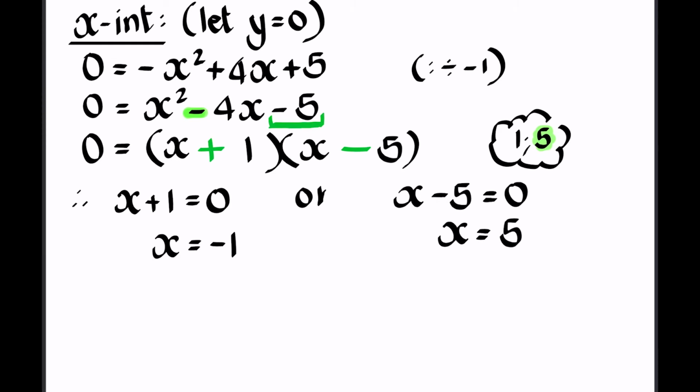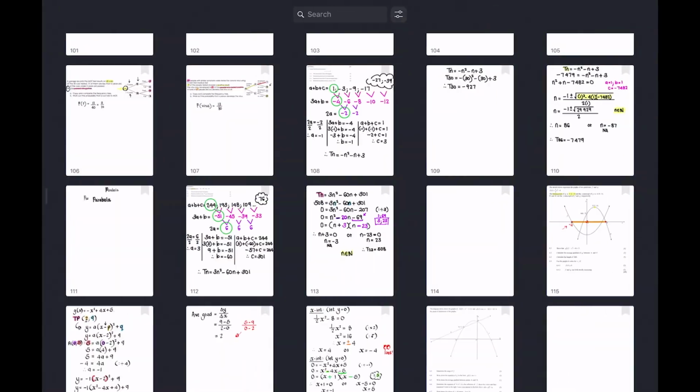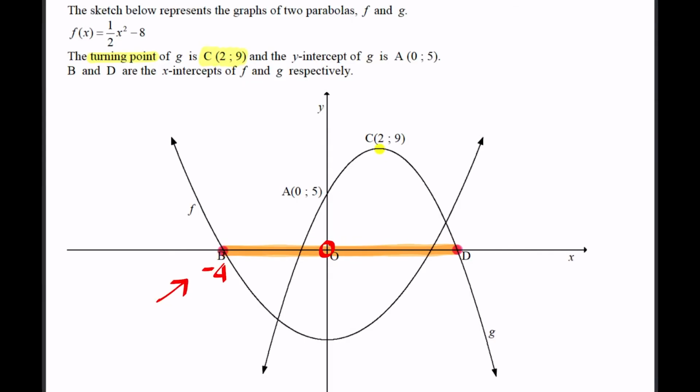So now I have -1 and I have positive 5 as options. If I look at D, I can see that D is on the positive side of the x-axis, which means that D's x-coordinate will be 5, and that actually means that the other x-coordinate will be -1.